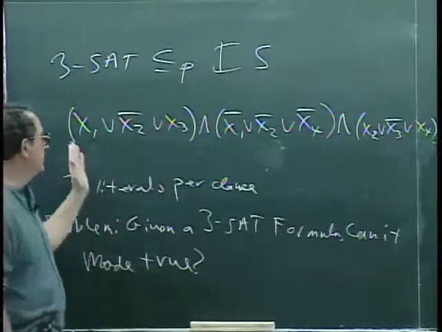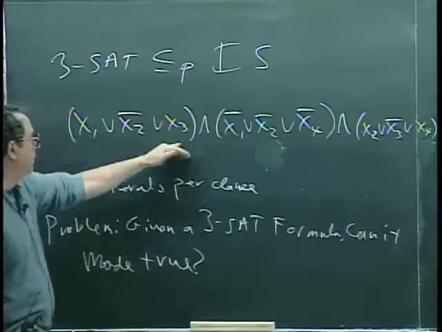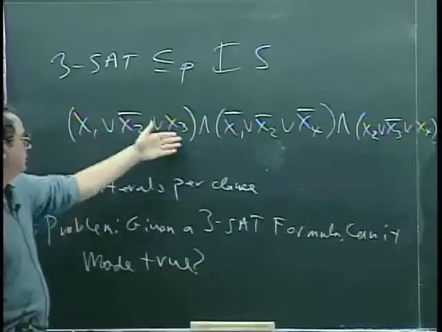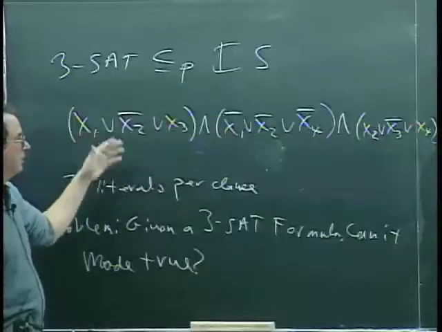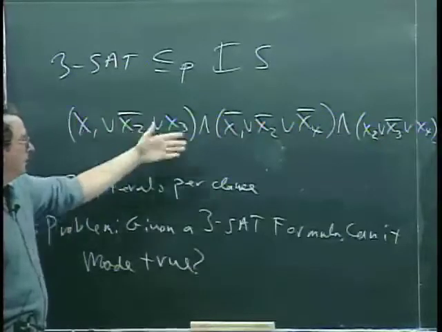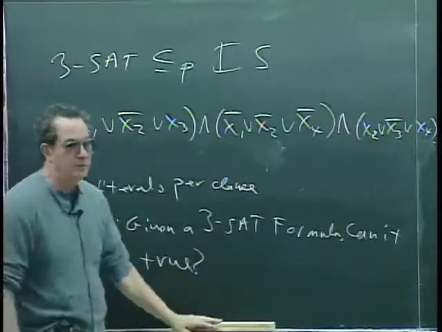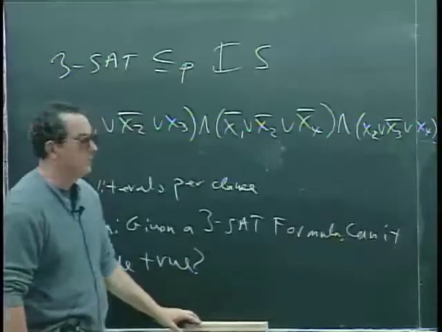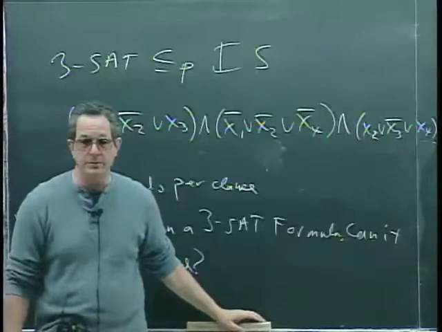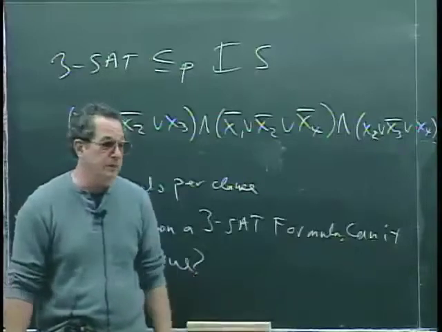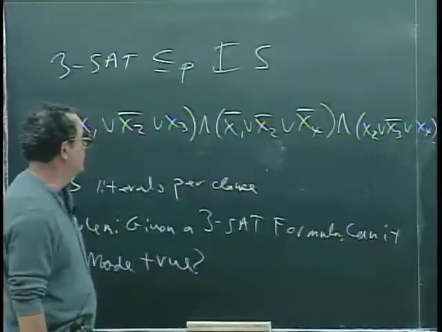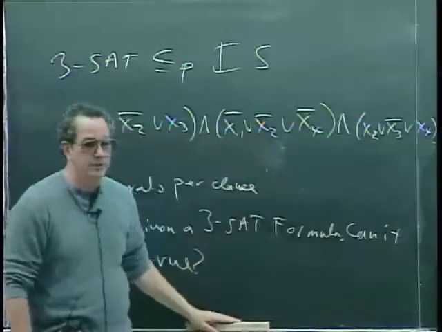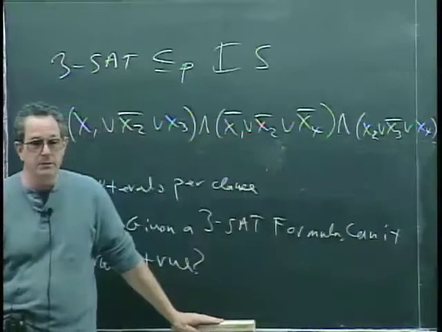The input size here is based on the number of clauses and the number of literals, which is 3 per clause, so roughly 3 times the number of clauses, as opposed to just the number of variables, n. So what's the number of variables's relationship to the whole size of the input?